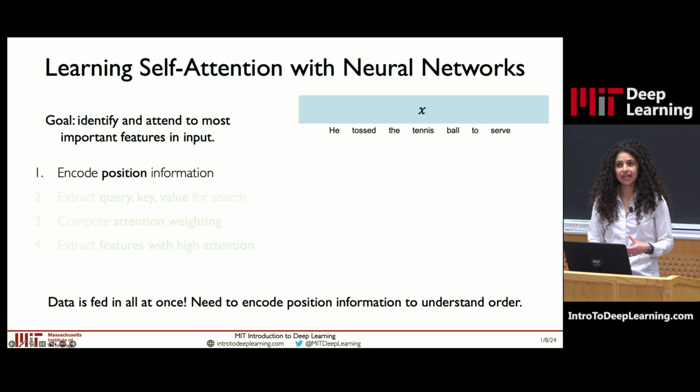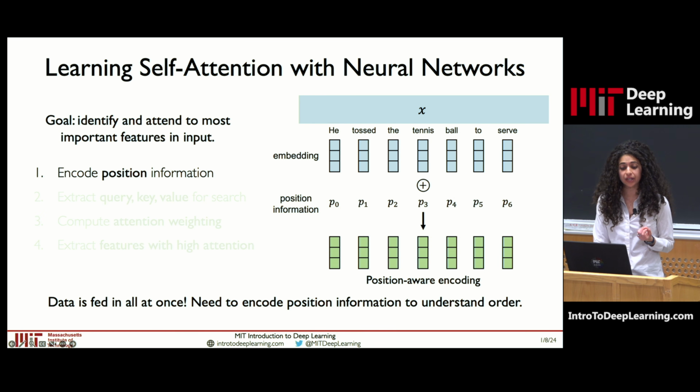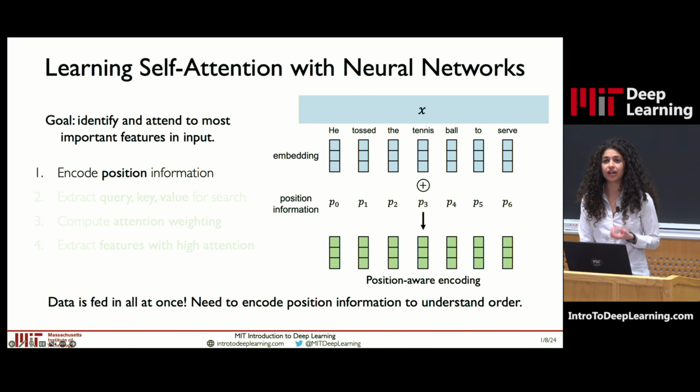What we do first is, we're not going to handle this sequence time step by time step, but we still need a way to process and preserve information about the position and the order. What is done in self-attention and in transformers is an operation that we call a position-aware encoding, or a positional encoder.